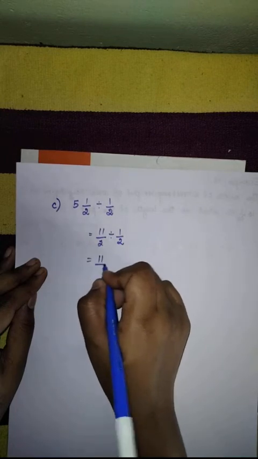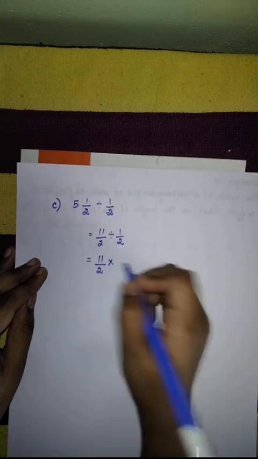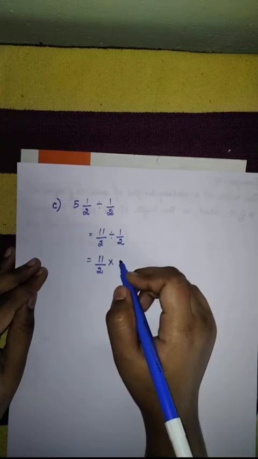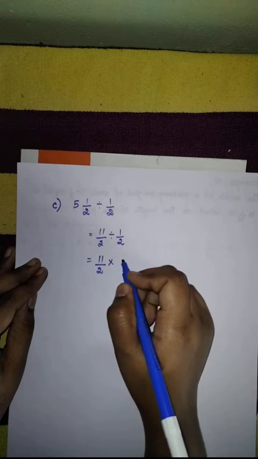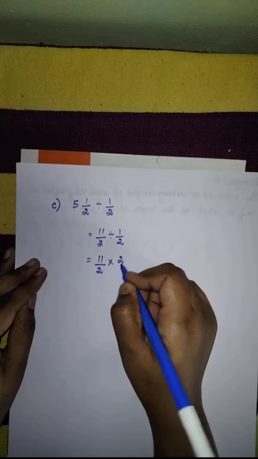Write the first fraction the same, 11 by 2. Then the division symbol changes into a multiplication symbol. Then take the reciprocal. The 1 by 2 changes to 2 by 1.